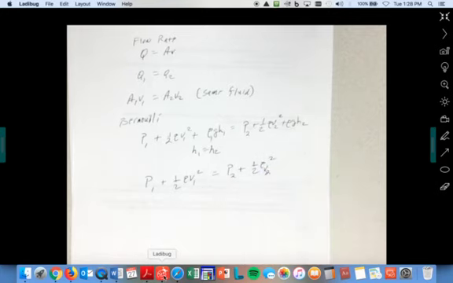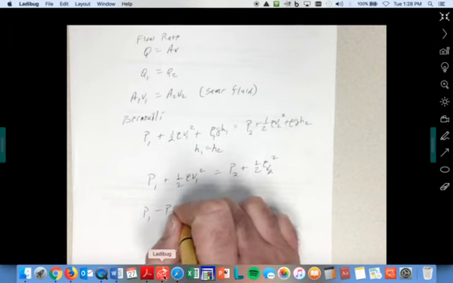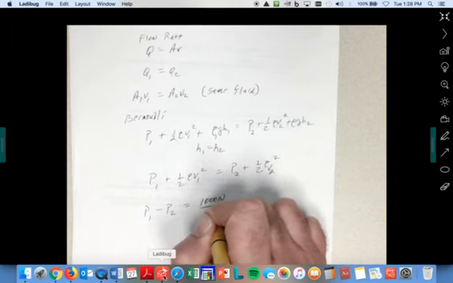And we need to find V2. What they're telling us is that P1 minus P2 is equal to 1,000 newtons per meter squared.